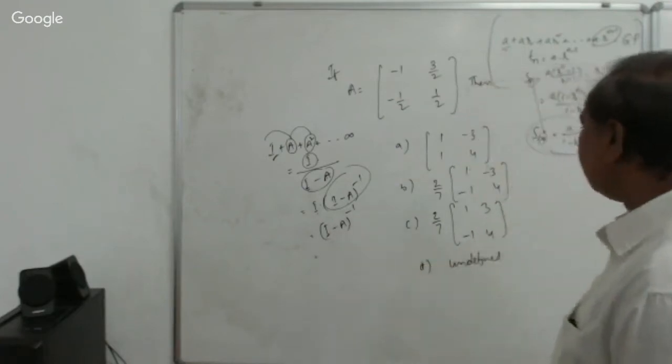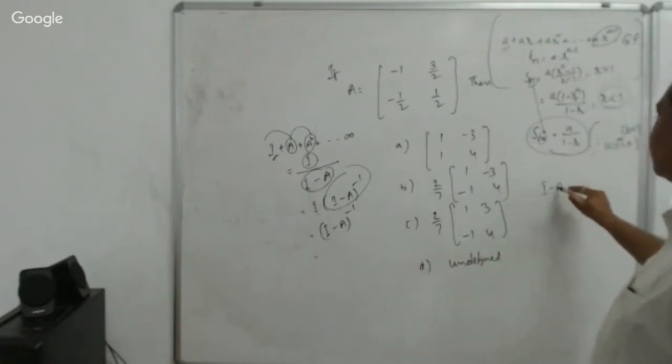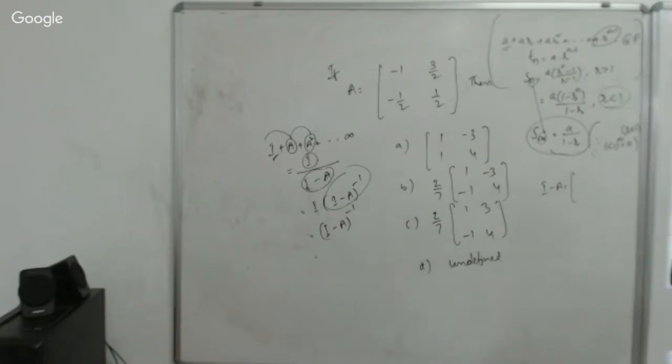What is I minus A? I means the unit matrix, a 2 by 2 matrix [1, 0; 0, 1], minus A, which is [-1, 3/2; -1/2, 1/2].